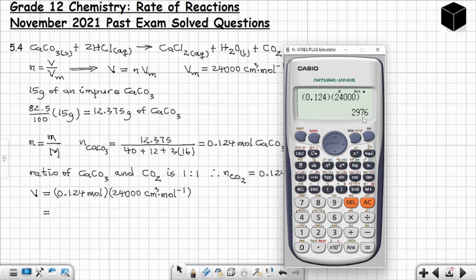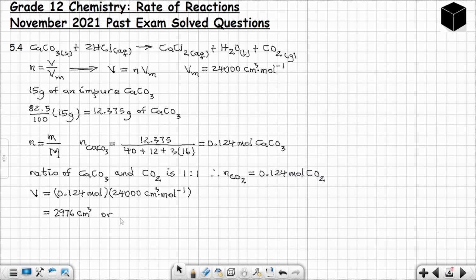This is equal to 2976. Okay, 2976 cubic centimeter. You can see the units are cubic centimeter because mole times per mole will cancel and the unit will remain cubic centimeter. Or you can say it is equal to 2.976 cubic decimeter when you divide by 1000. So x is equal to this or this.